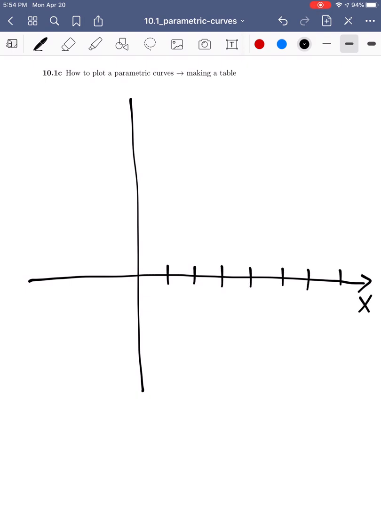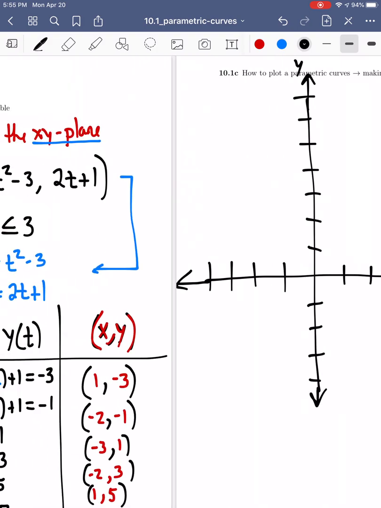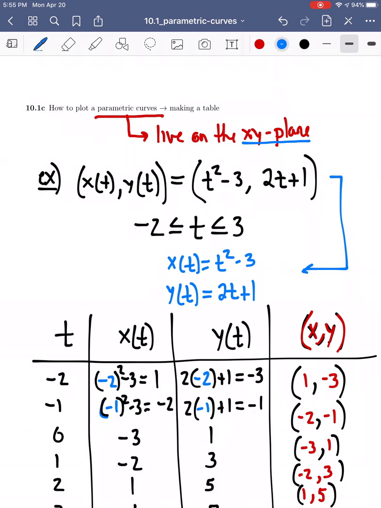Again, that's our x. That's our y. That's minus x. And minus y. So the first point, if we remember, was 1, minus 3.